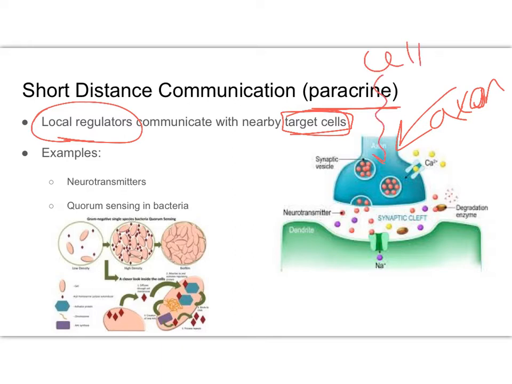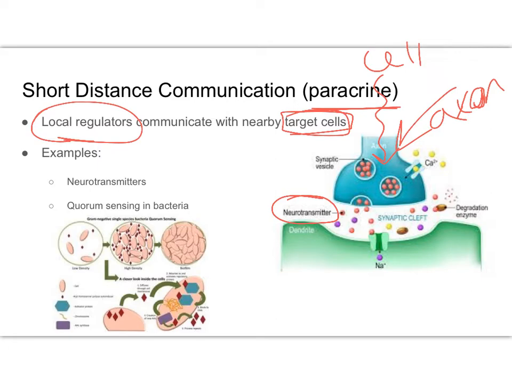The message would travel down that axon towards the cell it's trying to communicate with, another neuron, muscle, whatever it is. So the neurotransmitters, which are the actual little molecules, are released from the axon. So the electrical message travels down the axon and it releases the neurotransmitter.